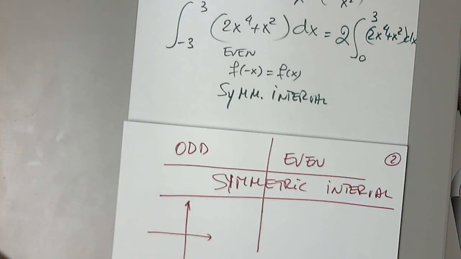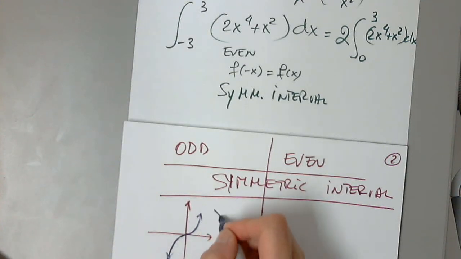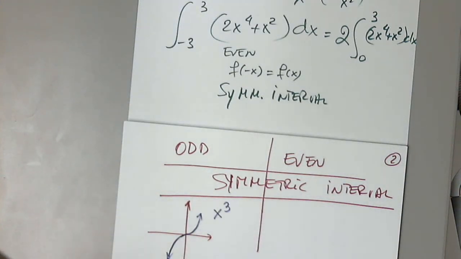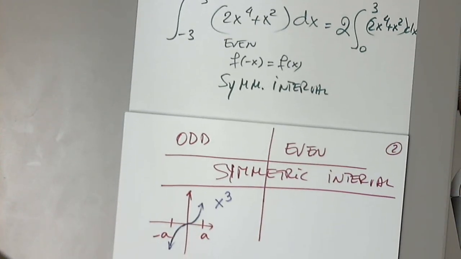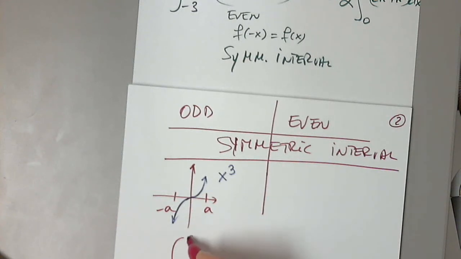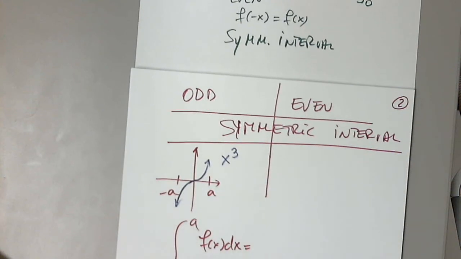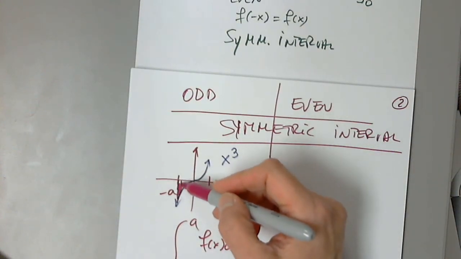So here is an odd function. We know this function is x cubed, but we don't care, it's just odd. And we want to determine the integral from -a to a of f of x dx.